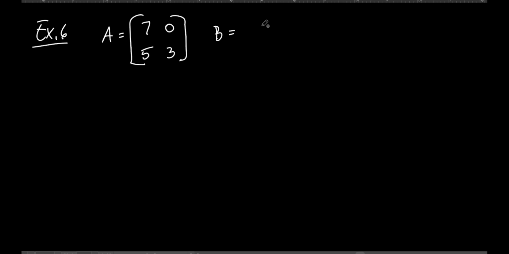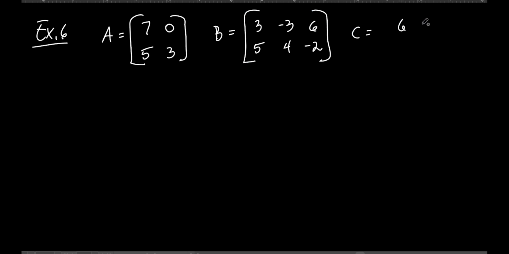Matrix B is 3, negative 3, 6, 5, 4, negative 2. All right, and then matrix C, 6, negative 1, 4, and 2, negative 2, 1. Negative 1, sorry.